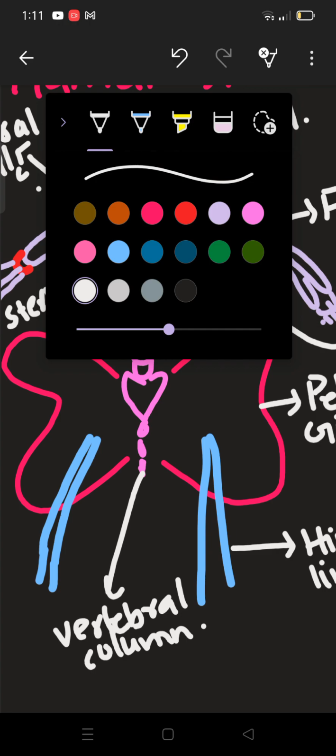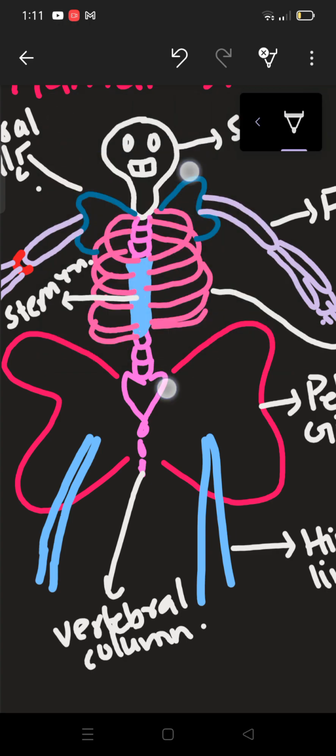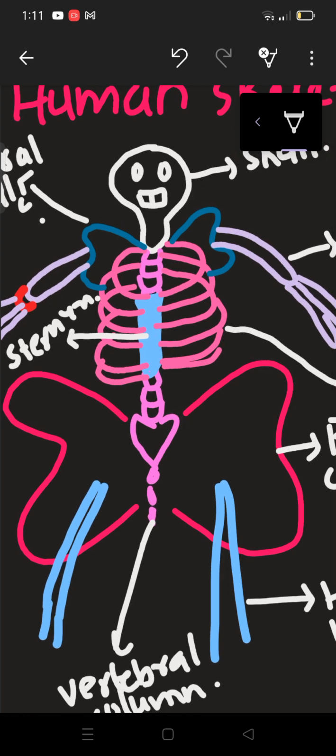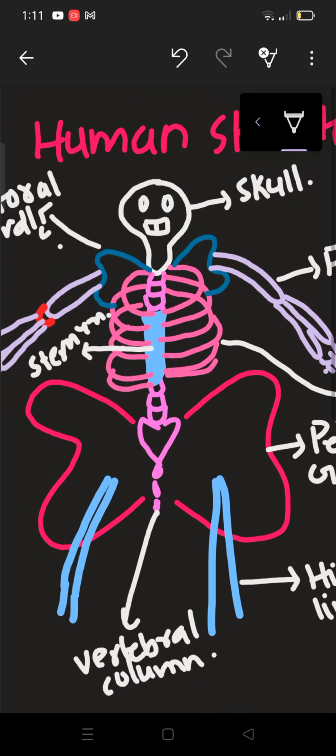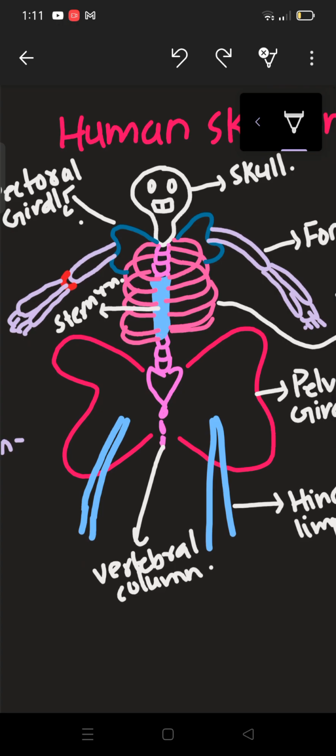As you can see, we have parts which are present in the center as well as at the sides. So we are going towards the center first.